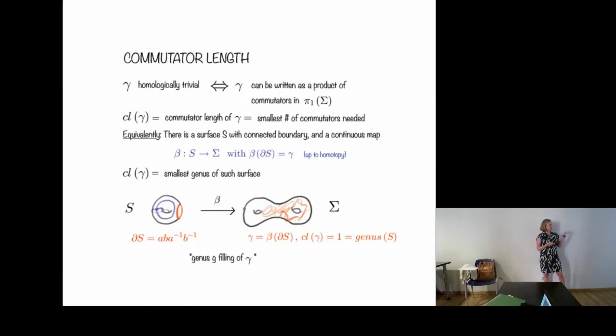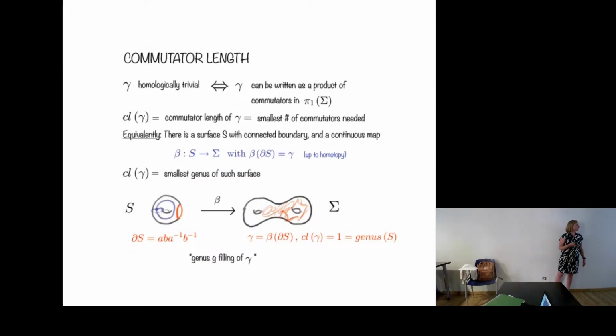In general, if it's genus G with one boundary component, the boundary can be written as a word that consists of G commutators. So in this example, this red curve has commutator length 1, which is the genus of this surface. And we'll refer to this as a genus G filling of our curve.